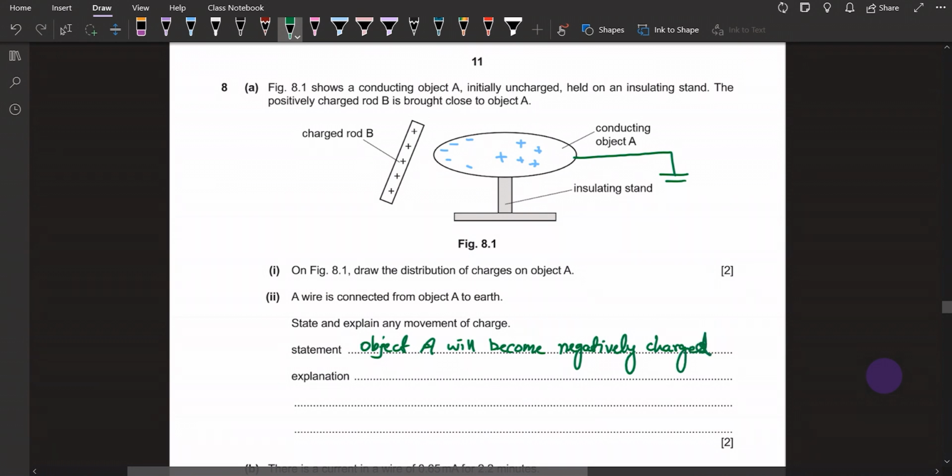And the reason is that all the positive charges will leave from here to the earth. We can write the reason here as all positive charges will move to earth, or you can write ground, and we get 2 marks for this.